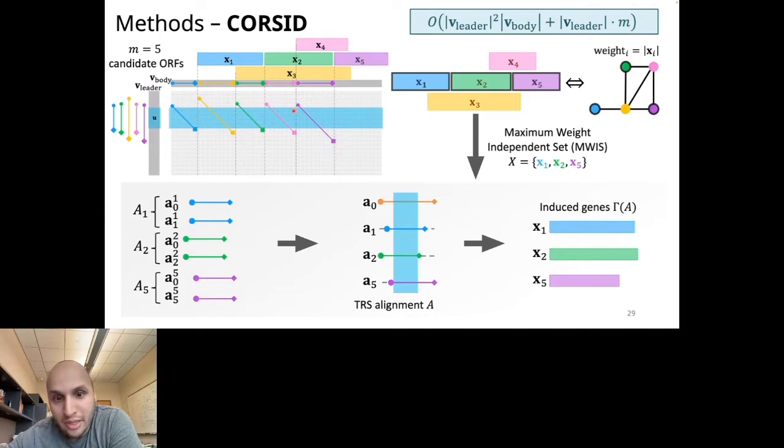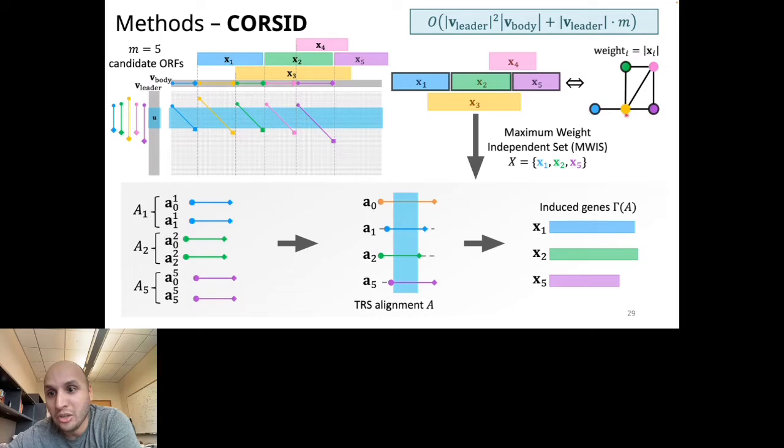In addition, we can encode the length of the corresponding gene and also the score of the pairwise alignment for every gene, in the form of a graph.